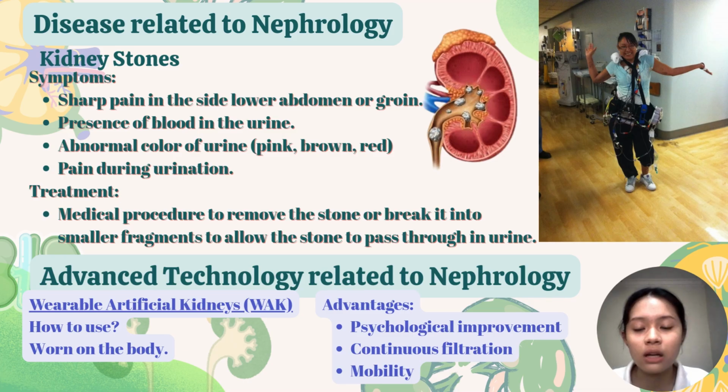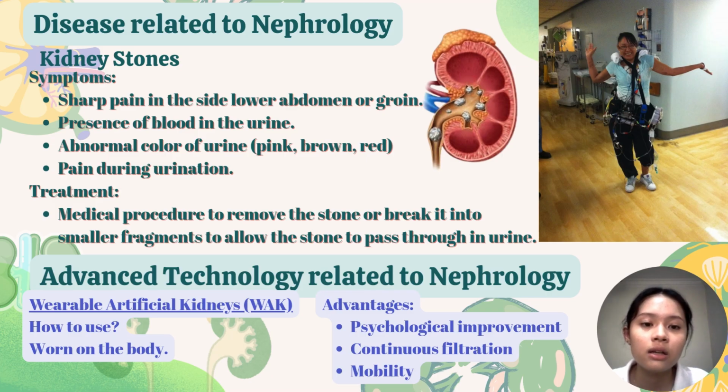And for advanced technology related to nephrology, it is the wearable artificial kidney, which is WAK. And how do the patients use it? It is usually worn on the body, like around the waist.